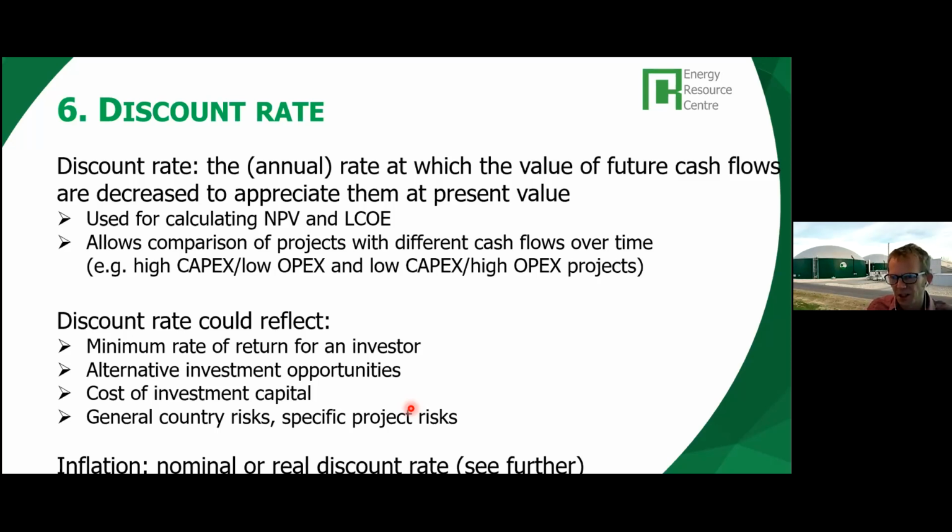That means that you can calculate what it costs to finance a project. That means that this could be seen as a minimum rate of return of the project. But if the rate of return of the project is below that, it means that you won't be able to cover the cost of the invested capital.